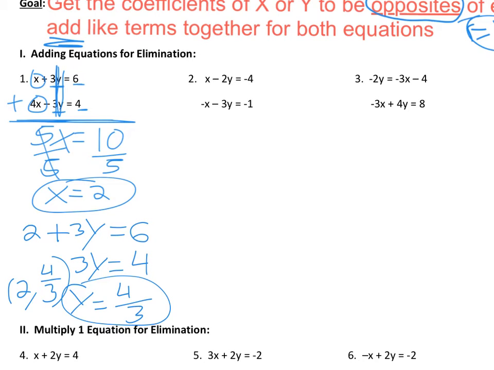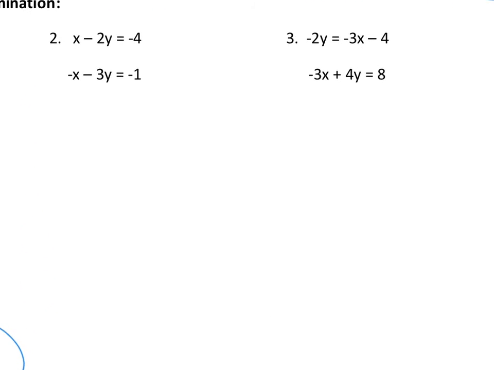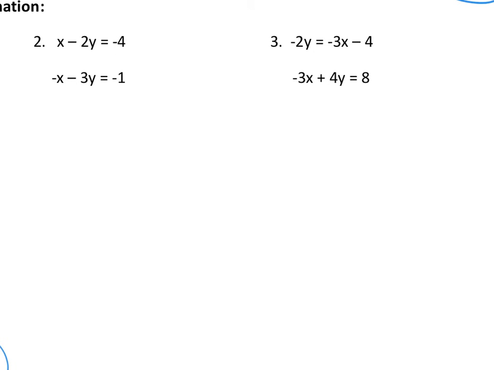Okay, if I move over to 2, let's zoom in here so we have a little bit more space. The good thing is everything is lined up. The x's are lined up, the y's are lined up, the equal signs are lined up, and the constants, negative 4, negative 1, they're lined up. Then I ask myself, do I have opposites either for x or for y? Well, I don't for the y's. These are not opposites, but these are.